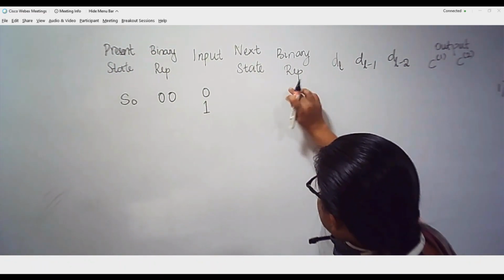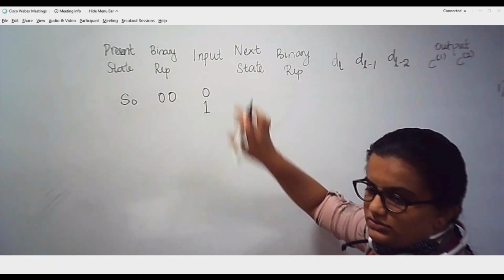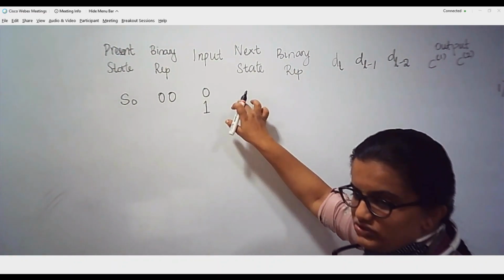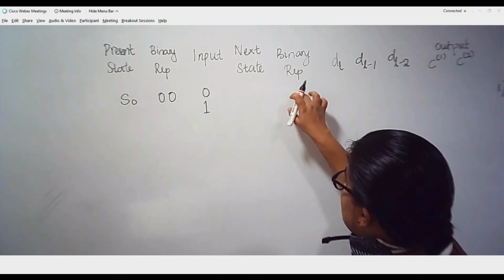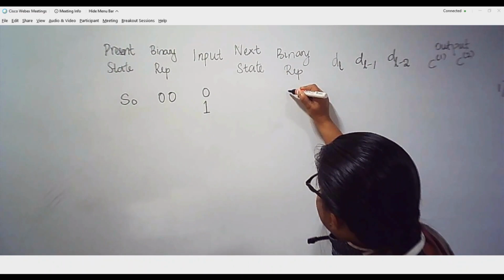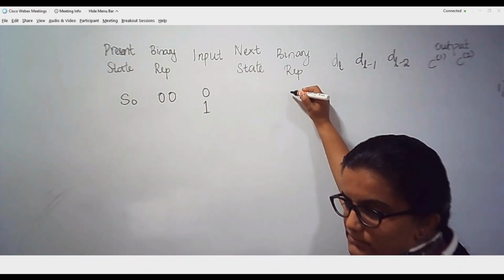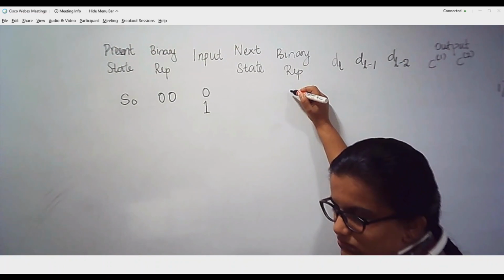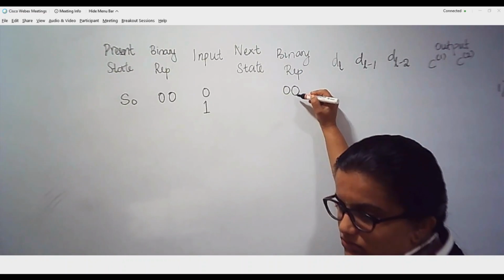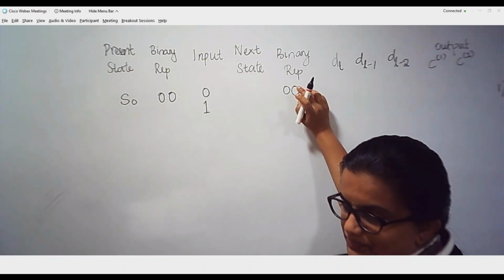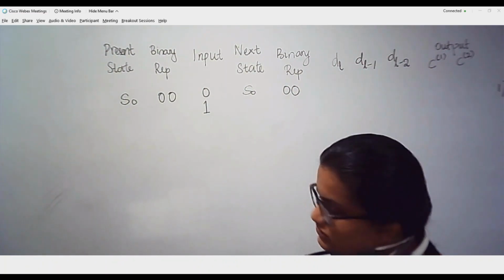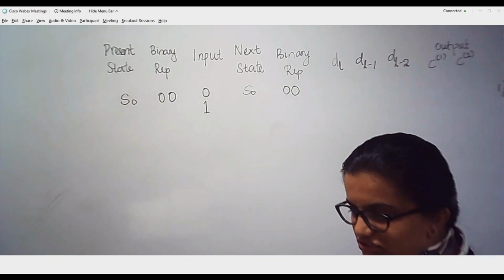Let me write the binary representation first, then the symbol representation. If the next input is also 0, what will be the content in the shift register? It will be 0, 0. It will remain 0, 0, and the name of this 0, 0 is S0. So it will remain in S0 itself.